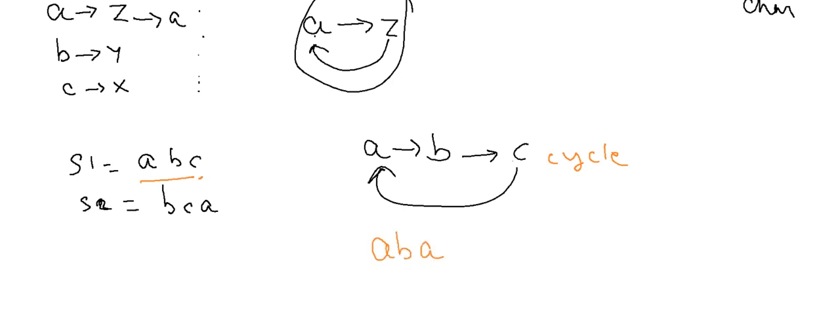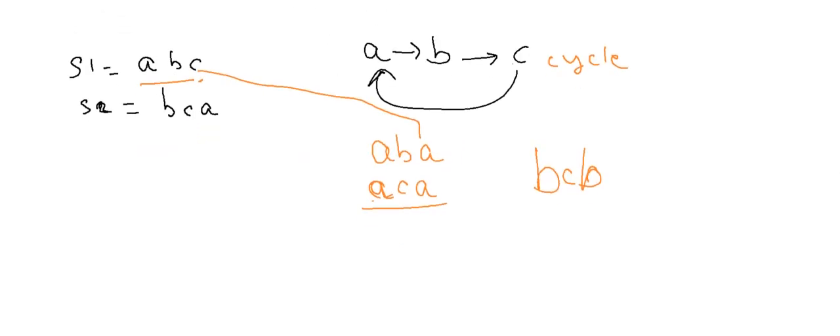Then we again gonna convert this B to C, so we'll get this string A, C, A, and then we're gonna convert this A to B, but we have to convert all the occurrences, so we'll get B, C, B, right?